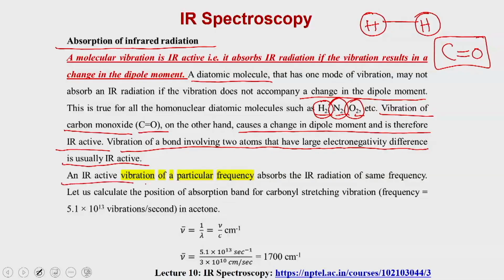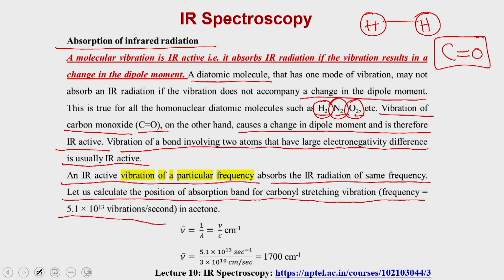So, an IR active vibration of a particular frequency absorbs the IR radiation of the same frequency. Let us calculate the position of the absorption band for a carbonyl stretching frequency. The carbonyl stretching frequency is 5.1 × 10^13 vibrations per second in acetone. If you want to calculate where this molecule is going to absorb in the IR radiation, the formula is very simple.